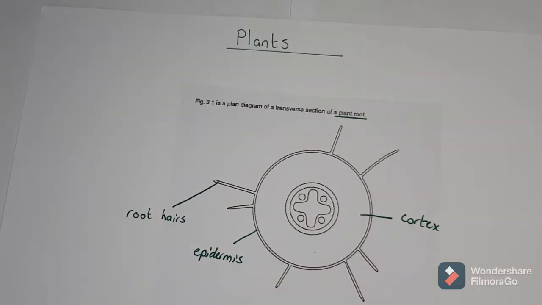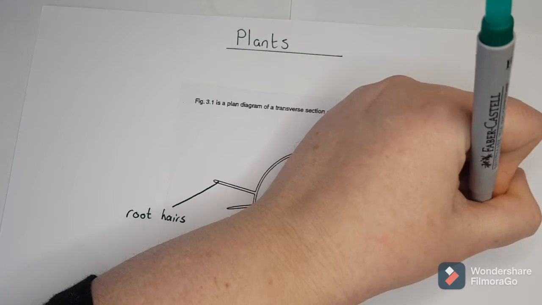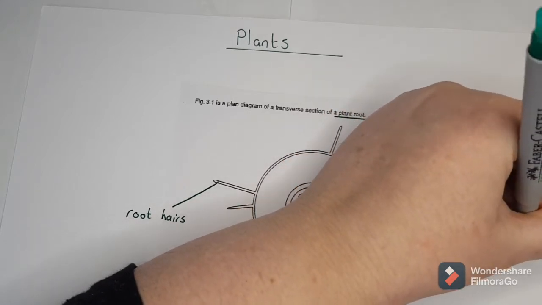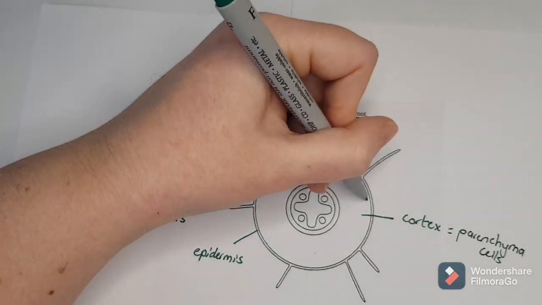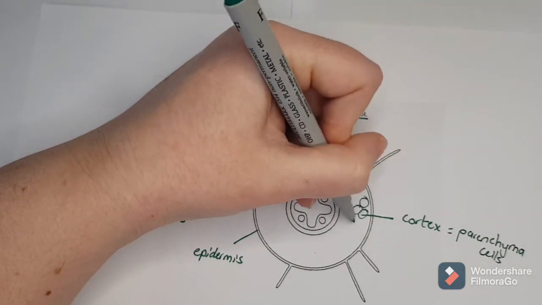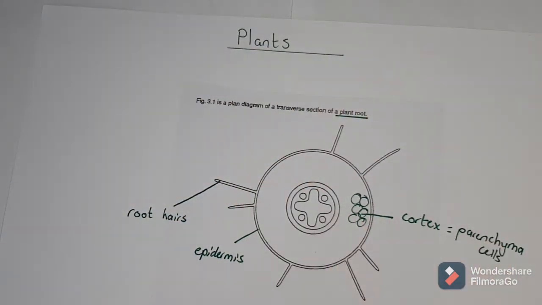And now that cortex is made of parenchyma cells. So those are just dense, large cells that would be packed tightly in there to make up your cortex.